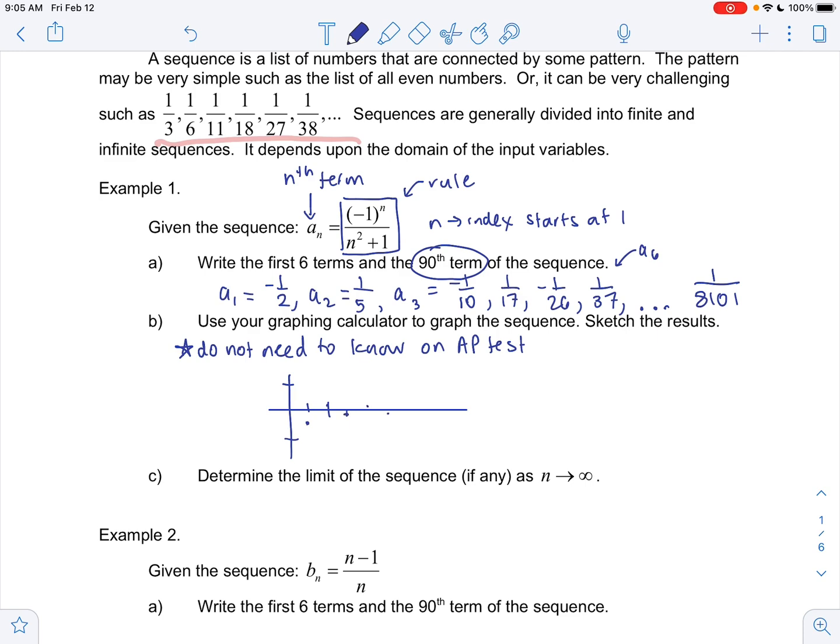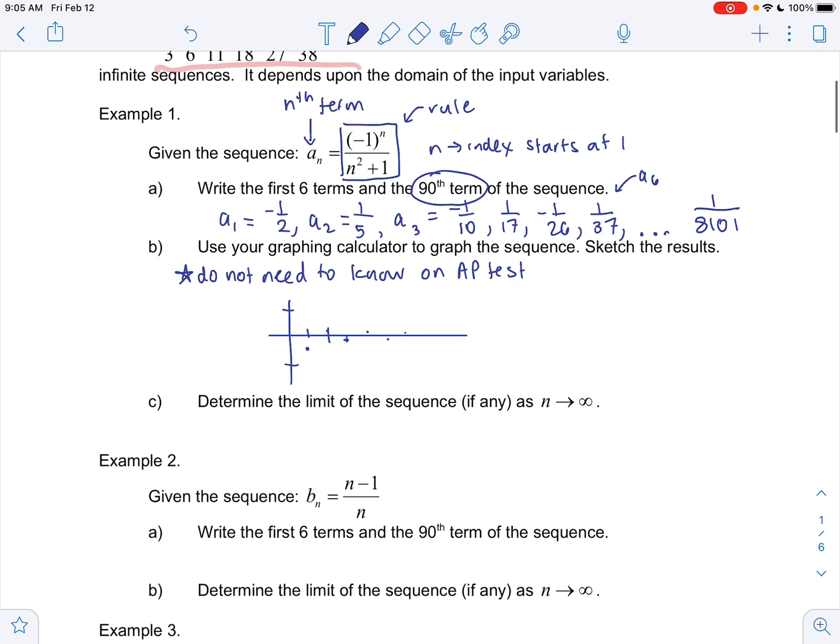I want you to think about this: what is happening to your series as you approach infinity? Whenever we have that sort of discussion, we throw in the phrase limit. So really, what is the limit as n approaches infinity of your sequence? What does it approach?